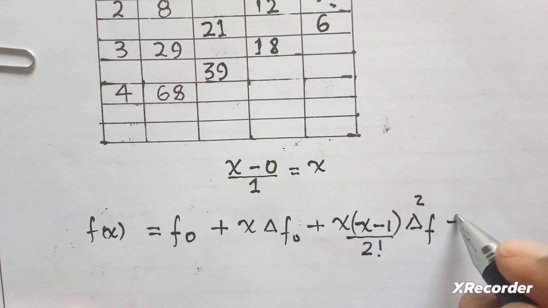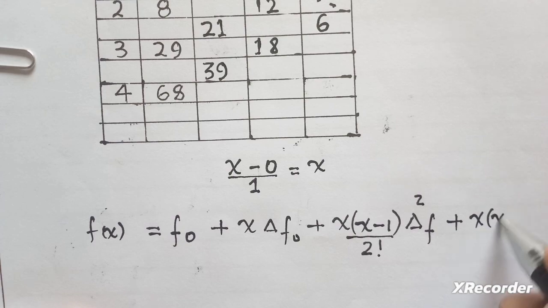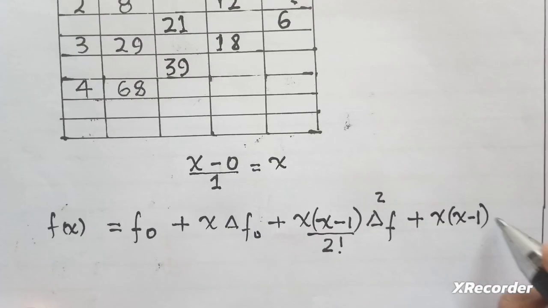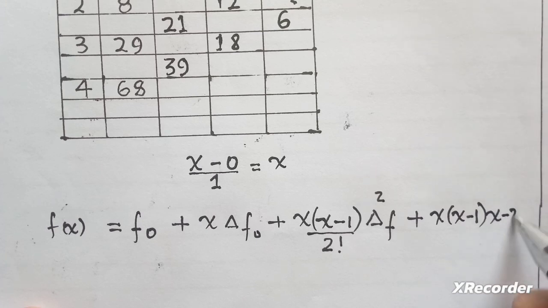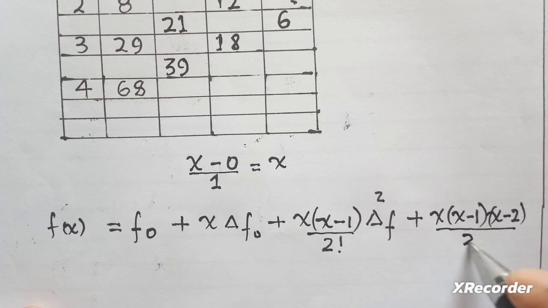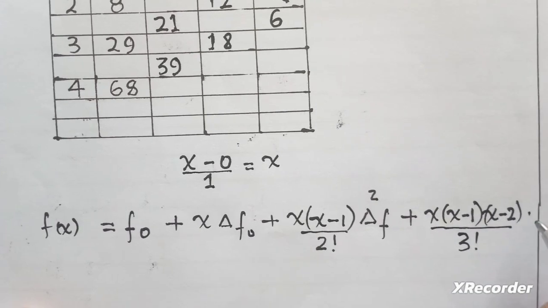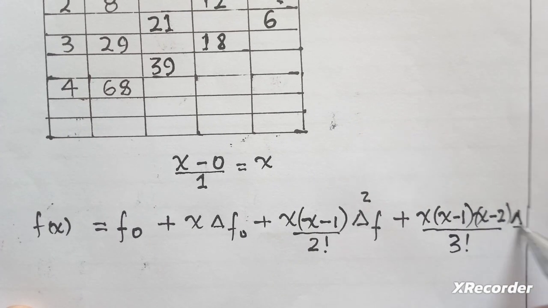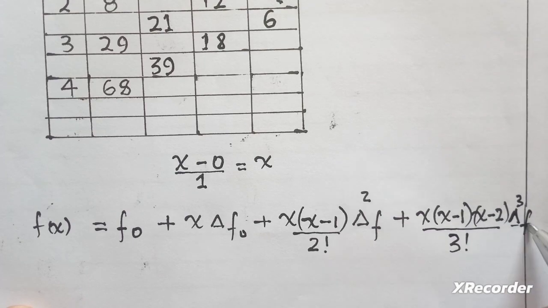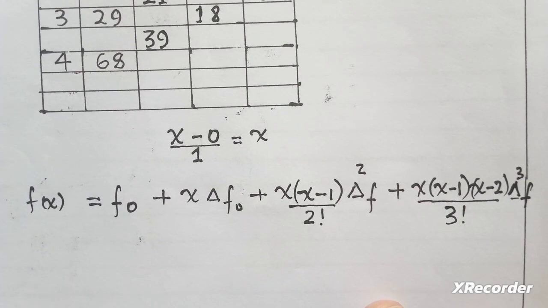And then finally we go to the last difference, X minus 1, X minus 2, like that, all over 3 factorial, and then this is the last difference. So guys, we come and work with that.